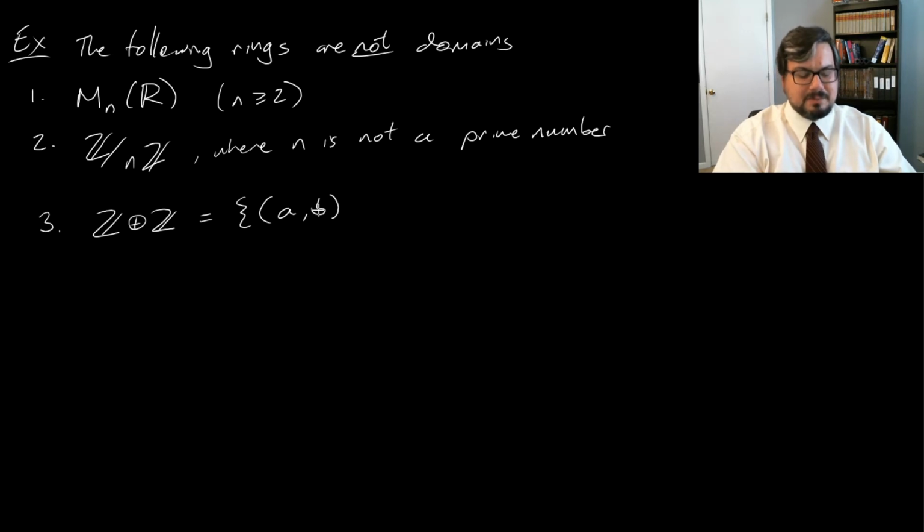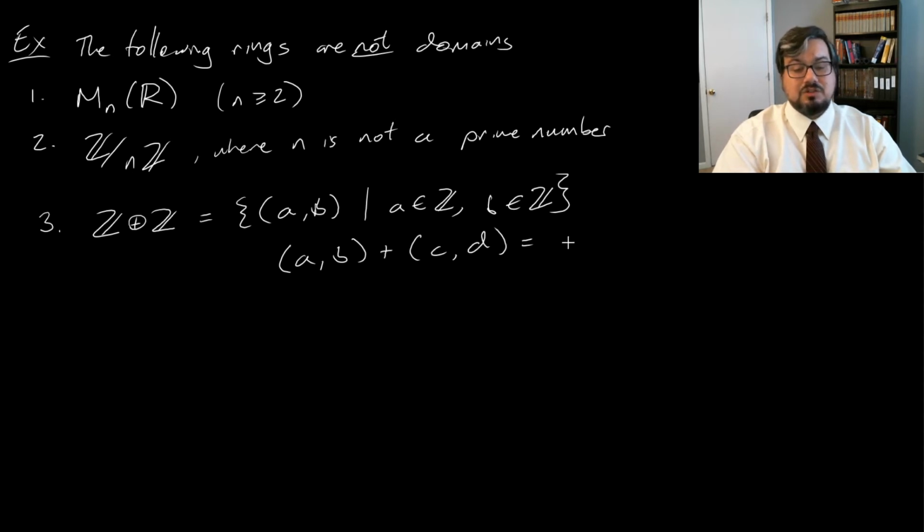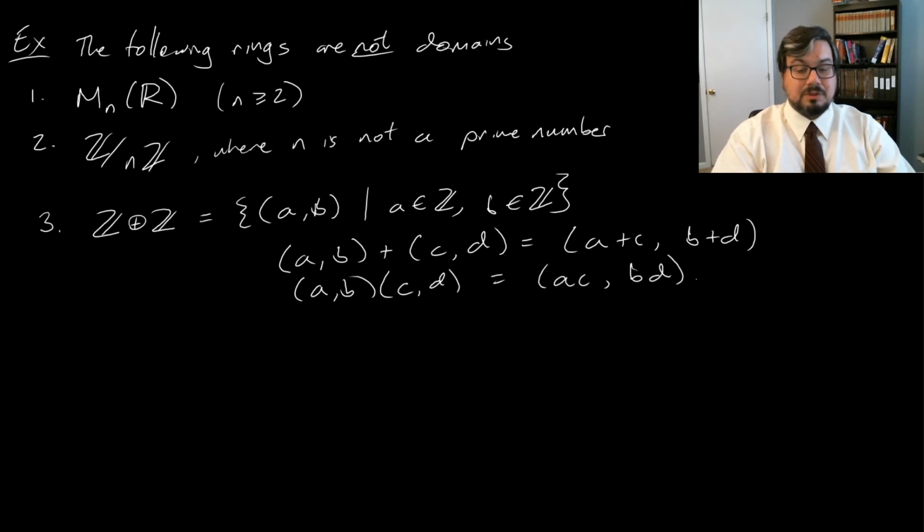And this is, by definition, the set consisting of all pairs a and b, where a comes from Z and b comes from Z, and the addition of elements here is just component-wise addition, and the multiplication is component-wise multiplication.